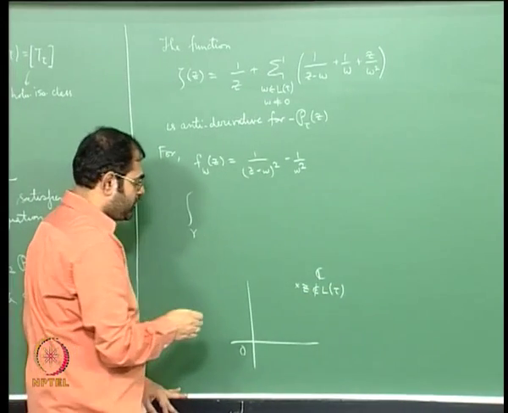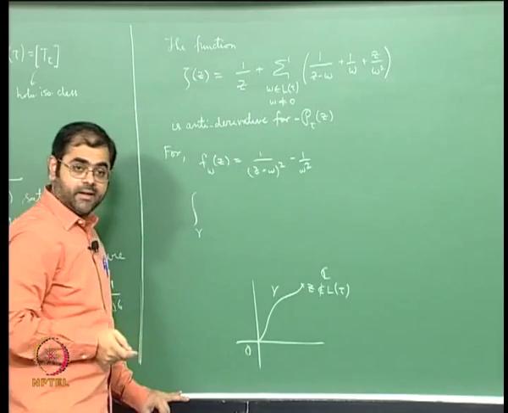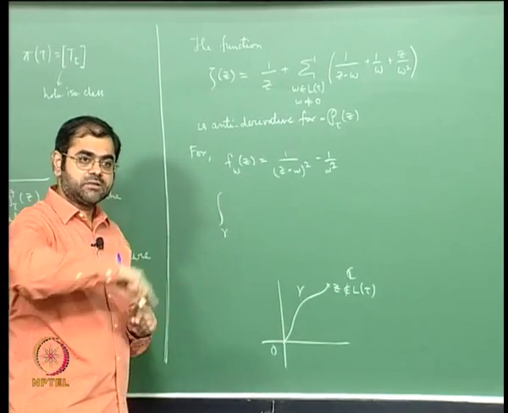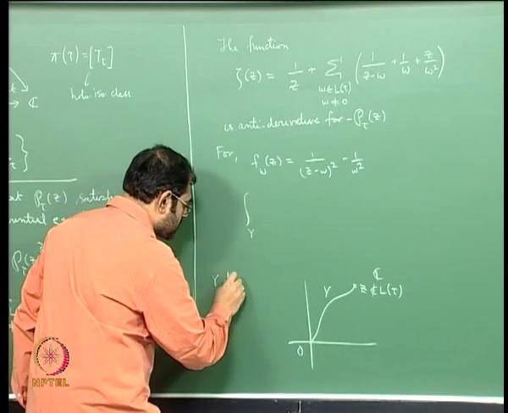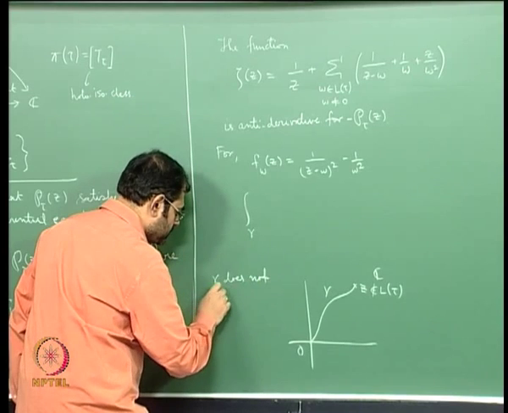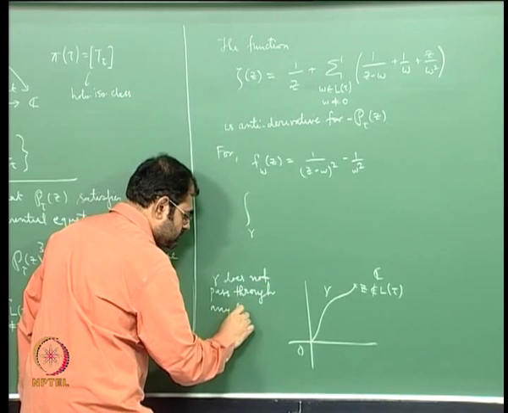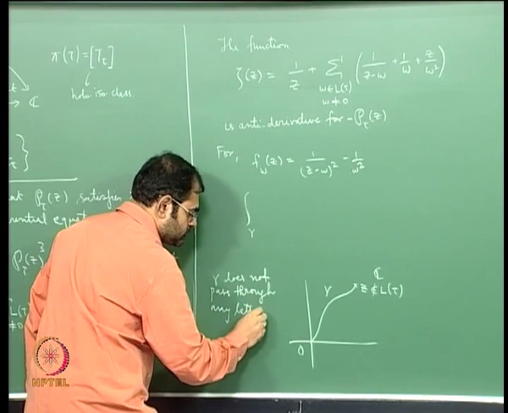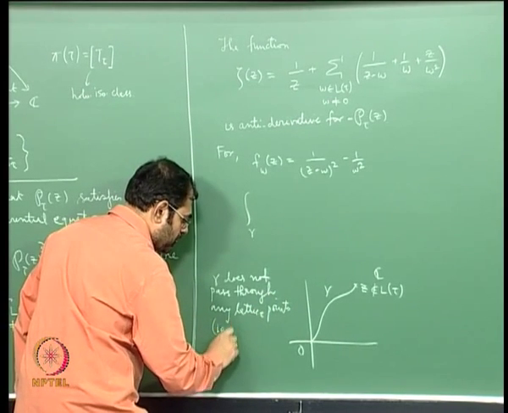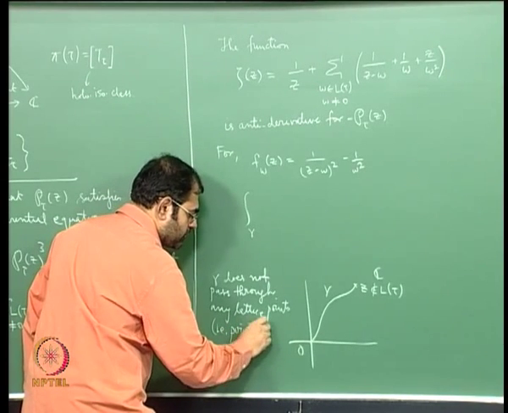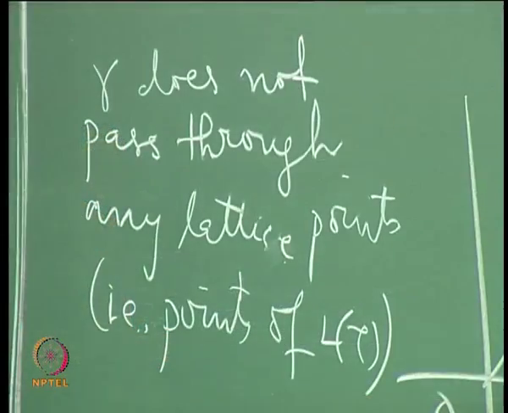I choose a path gamma from the origin to z and make sure that the path does not pass through any lattice points, that is, points of L of tau. You take such a path.